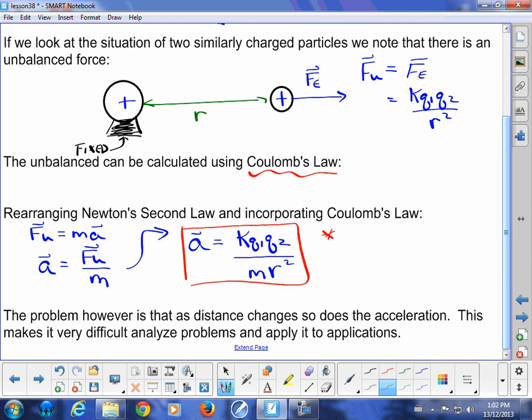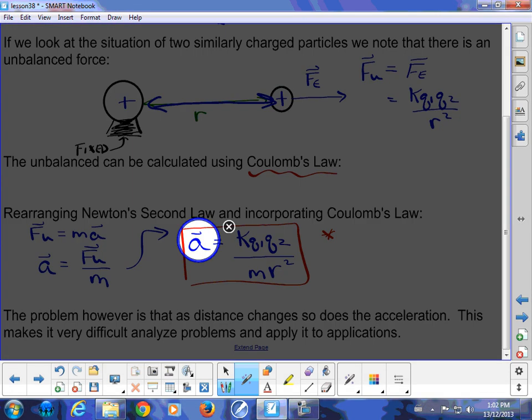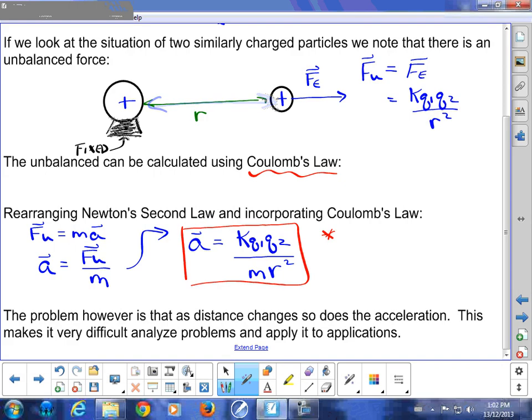I'm going to put a star here because there is something that's slightly a problem with this formula. Every time r changes, for every moment in time, this length r will change. It's continually changing, which means that our acceleration is continually changing. So what I want to put here is just that a is constantly changing.